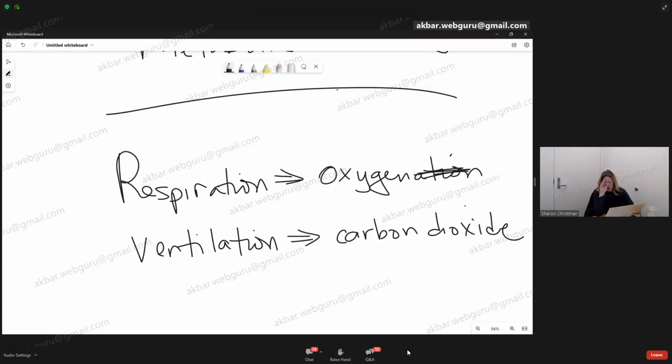So what do we have to do from a respiratory standpoint to get rid of carbon dioxide? Well, if they have too much carbon dioxide, we have to increase respiratory rate to get rid of more carbon dioxide, right? So if they're underventilating, we increase the rate. If they're overventilating, we decrease the rate.